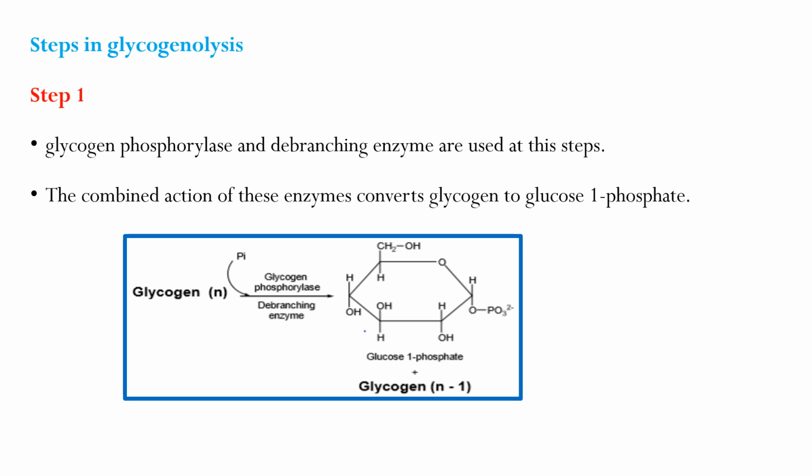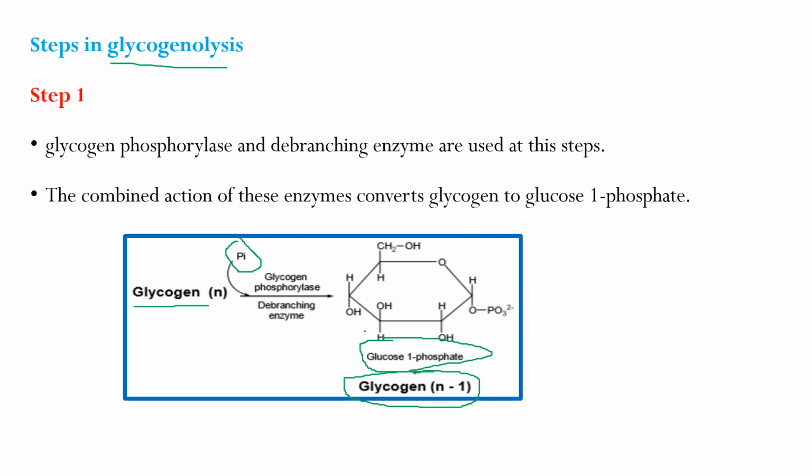To see some steps of glycogenolysis, in step 1, glycogen starts to lose its glucose molecules one by one. So when the first glucose molecule is detached from the other glucose molecules of glycogen and an organic phosphate is added, glucose 1-phosphate is produced, and the glycogen, which loses one of its glucose molecules, remains.